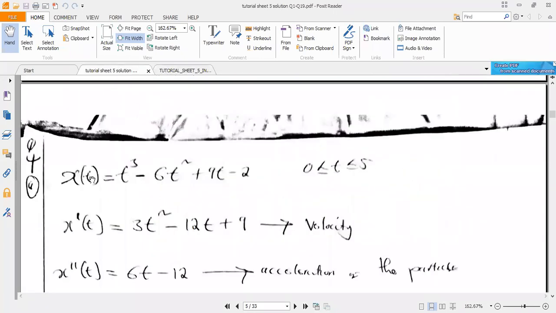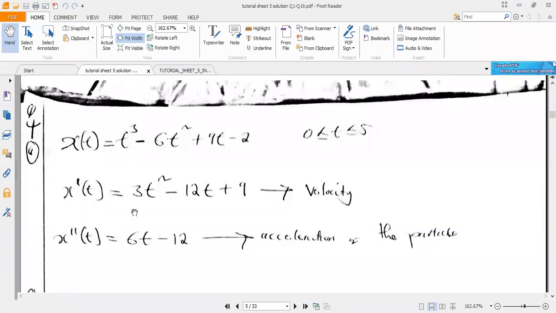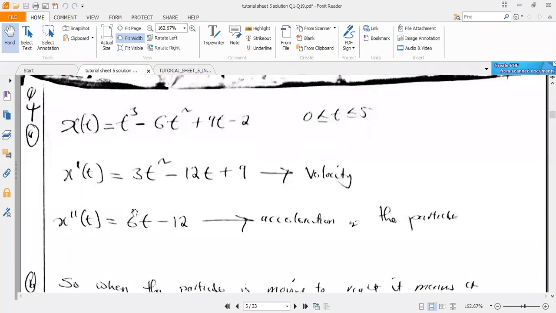So we find x prime of t, meaning the derivative, which is equal to 3t squared minus 12t plus 9. That is its velocity. We're not finding the actual figure, but an equation which represents the velocity. Then the equation which represents acceleration is 6t minus 12.